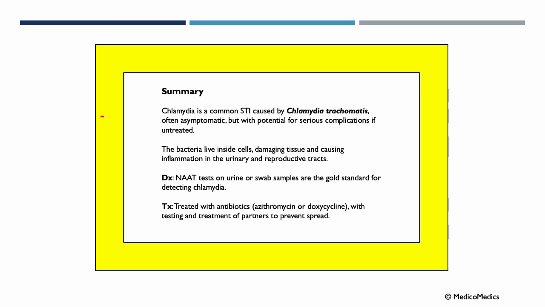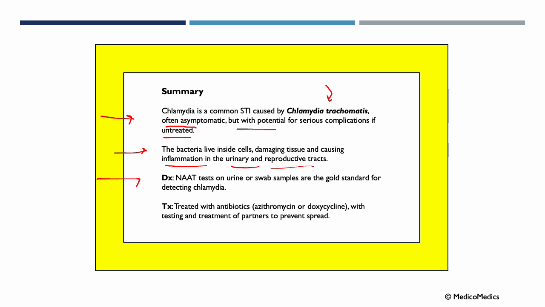So in summary then, chlamydia is a common STI caused by the causative agent Chlamydia trachomatis. It is often asymptomatic, but with potential for serious complications if it's left untreated. The bacteria lives inside the cells, damaging tissue and causing inflammation in the urinary and reproductive tracts.